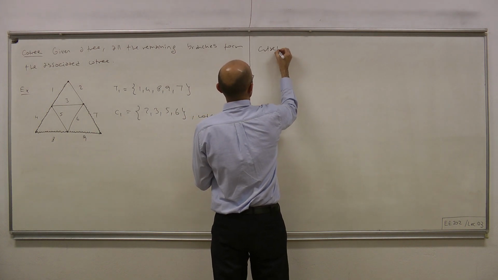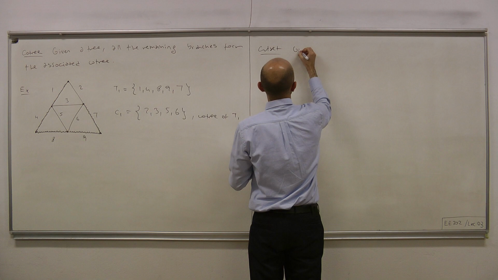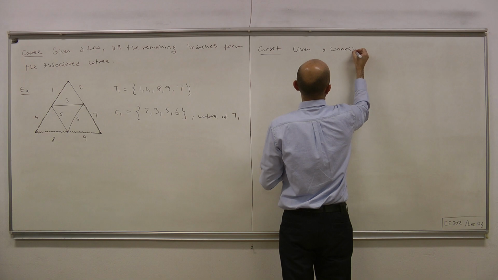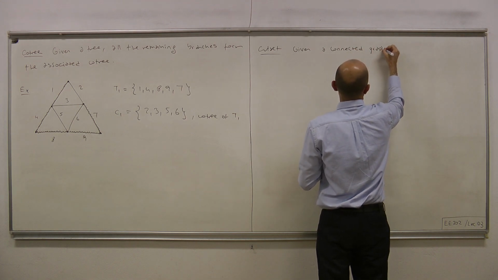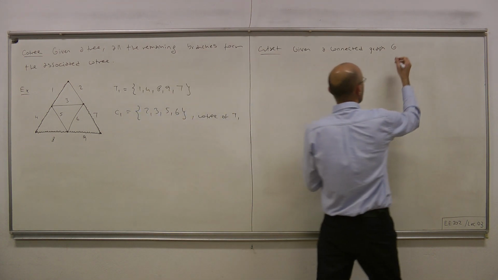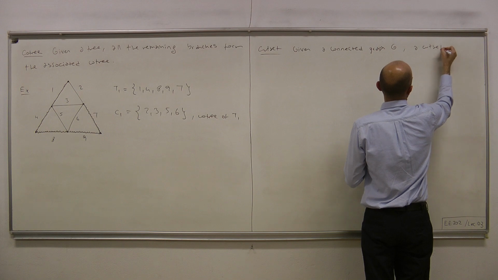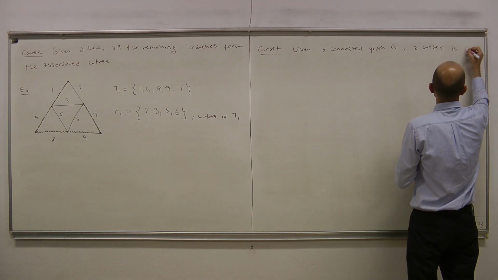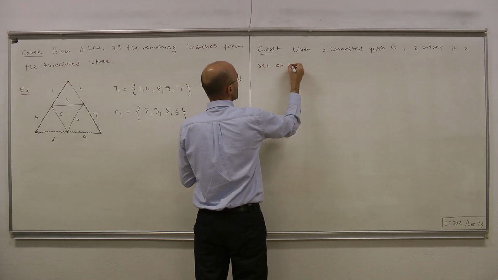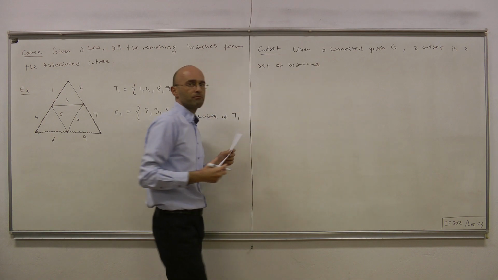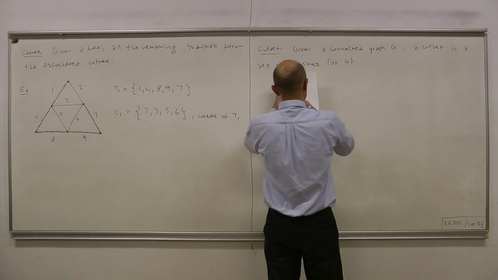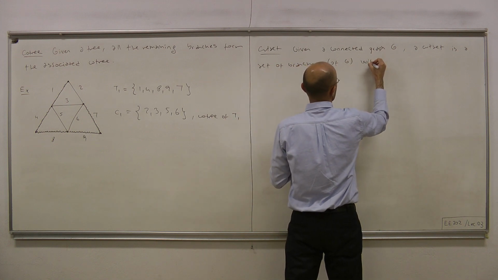Here is what a Cutset was. Given a connected graph, let's call it graph G, a Cutset is a set of branches of G with the following properties.